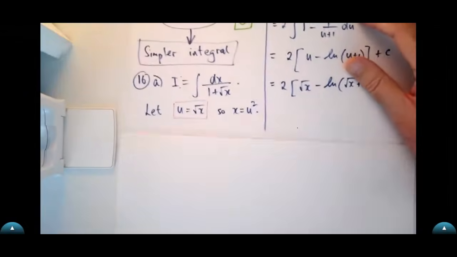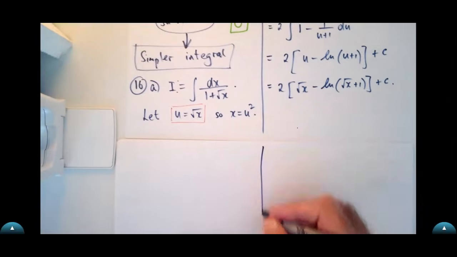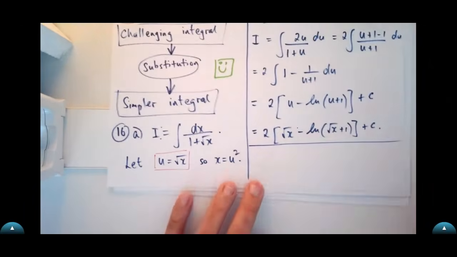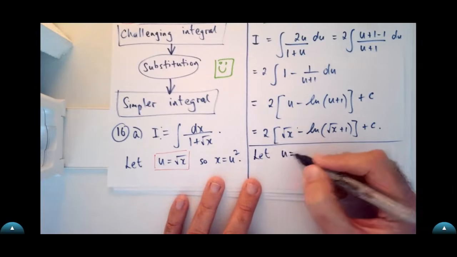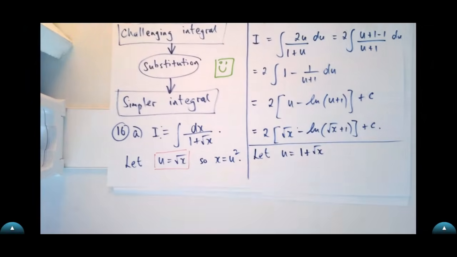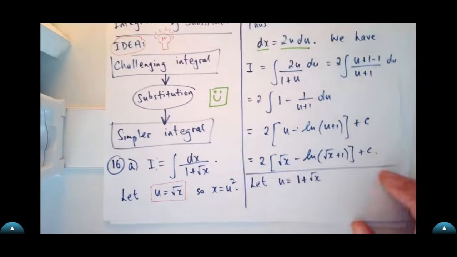For example, if I was to do this another way, I could let u equal 1 plus root x. That's another way. That way I'm going to get u on the bottom here when I make the substitution. It's similar to this substitution, but I don't get this mess. So let me show you.